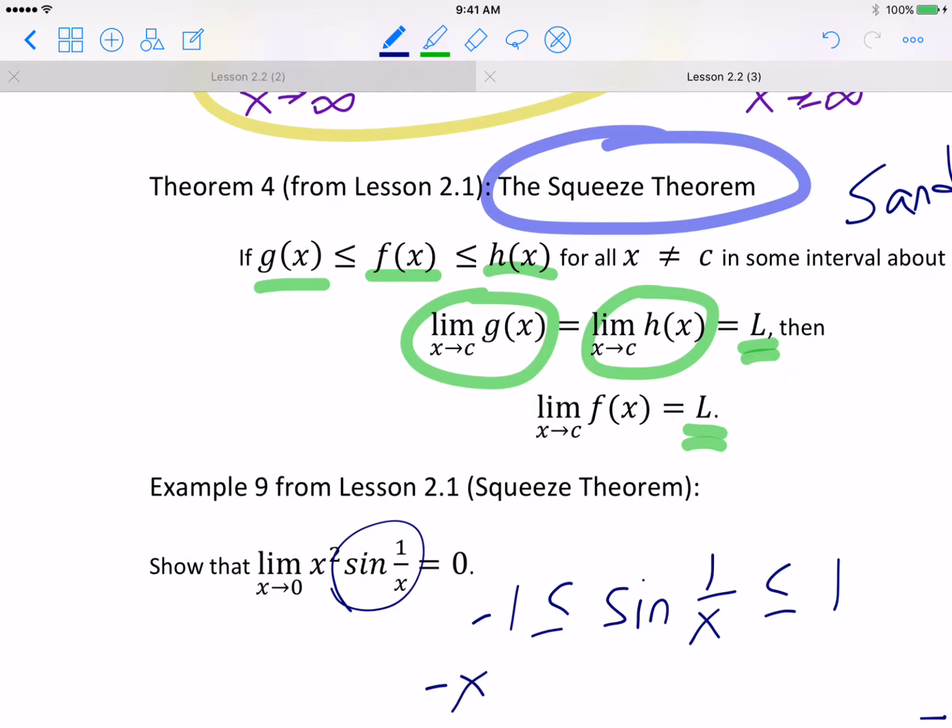So you get negative x squared is less than or equal to x squared times sine of 1 over x, is less than or equal to positive x squared. But if you were to take the limit of each as x approaches 0, then you will get 0 for every part of that compound inequality: 0 for this, 0 for this, and 0 for this. And then you could conclude that the limit is 0 by the squeeze theorem.